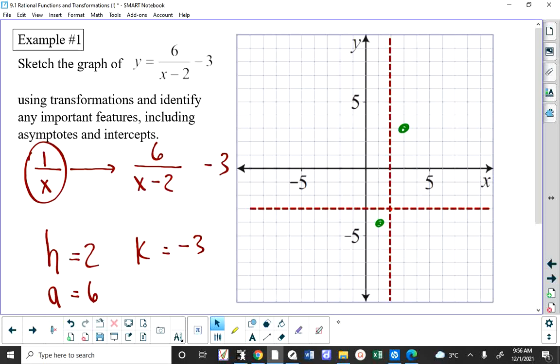I mean, let's face it, the coordinates of this point are actually 3, 3, not 1, 6. This point is going to be stretched 6 times further away from the horizontal asymptote, which means it will be 6 away. We're not moving it 6. We're stretching it by a factor of 6.